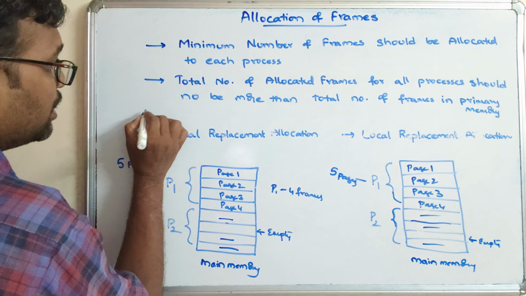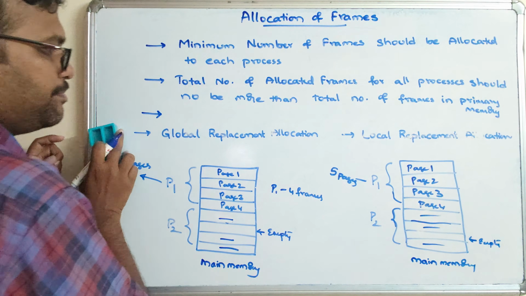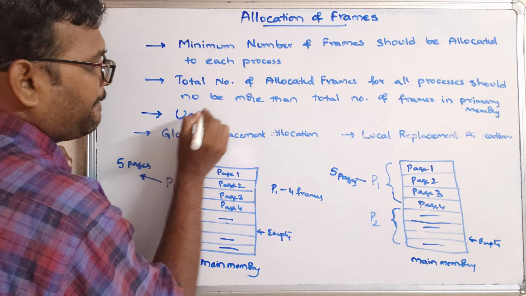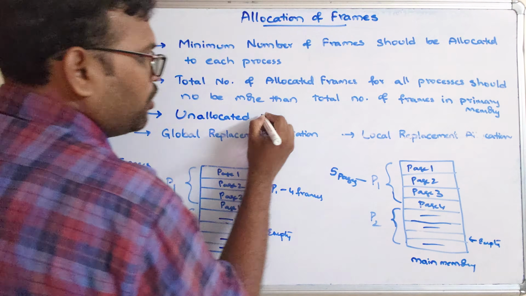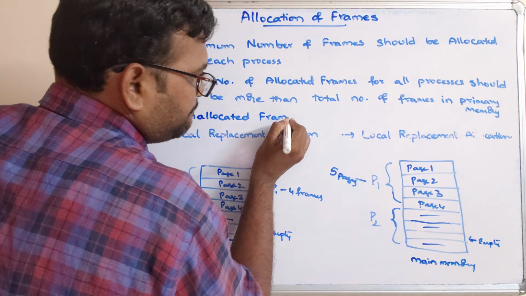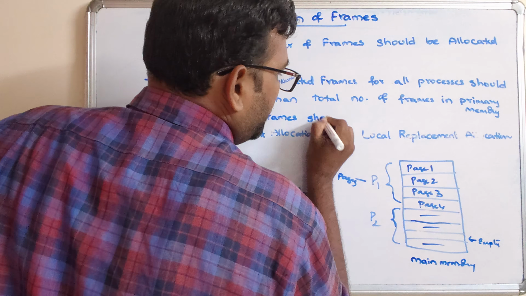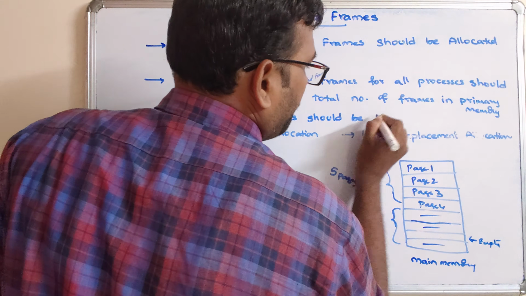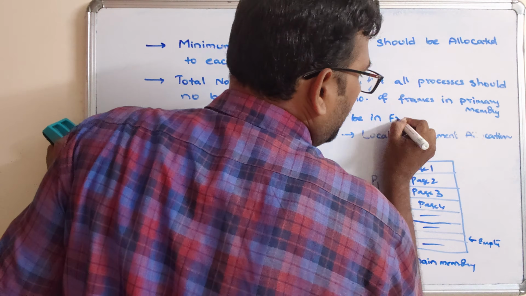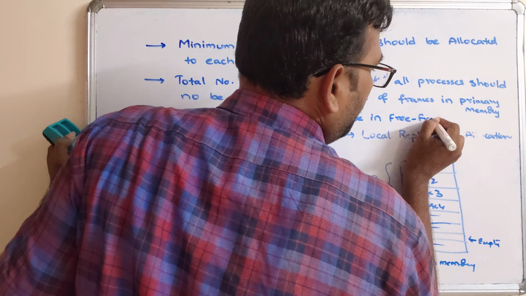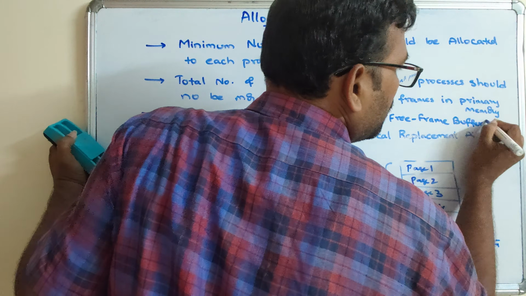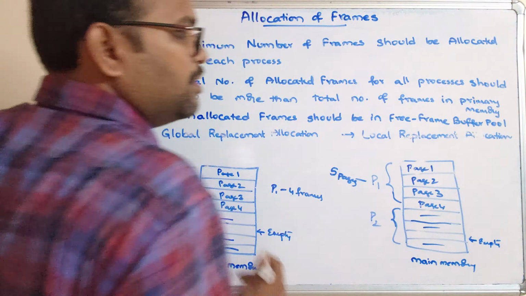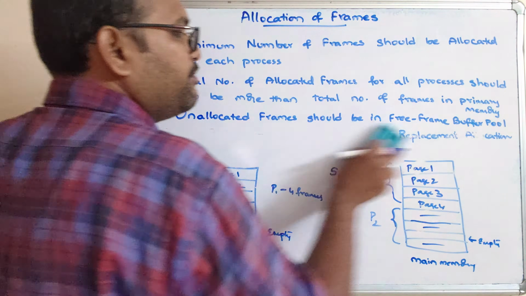And also the unallocated frames, this also we have discussed. Unallocated frames should be kept in a free frame buffer pool for future use.